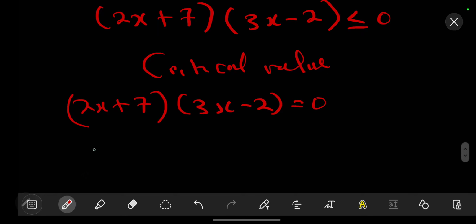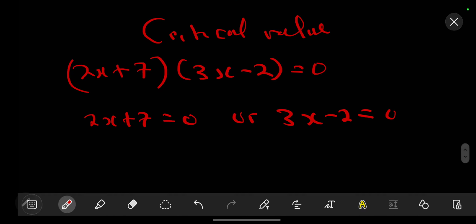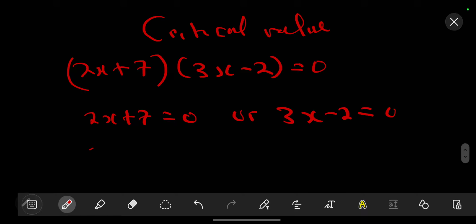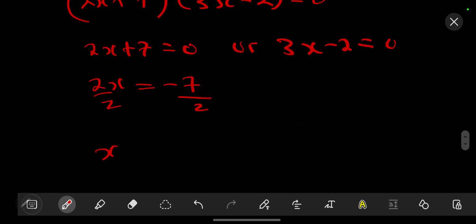So what we are going to have is our 2x plus 7 should be equal to 0, or our 3x minus 2 should be equal to 0, like that. So this gives you 2x, we take the 7 to the other side, it will be equal to negative 7. We divide by 2, we divide by 2. We are going to have our x should be equal to negative 7 over 2.